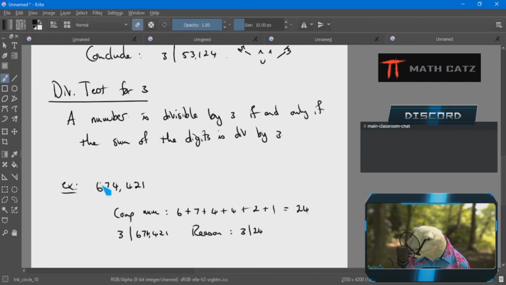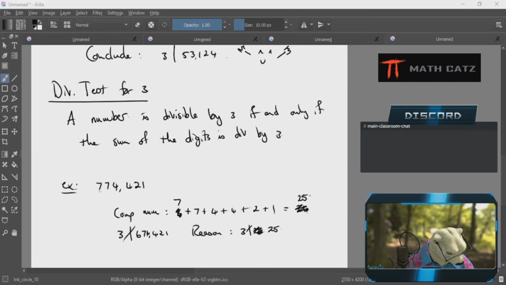No, it doesn't. What if I make this 700,000? Then my comparison number is 25. And then it doesn't work anymore, right? It's not divisible by 3 anymore. 3 does not divide into 25.